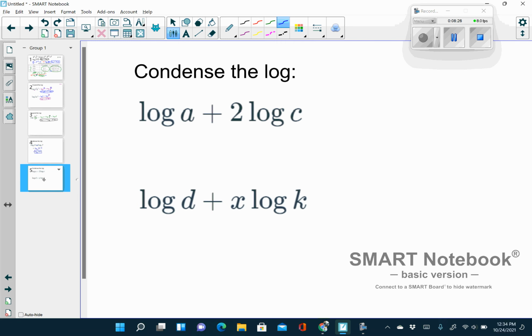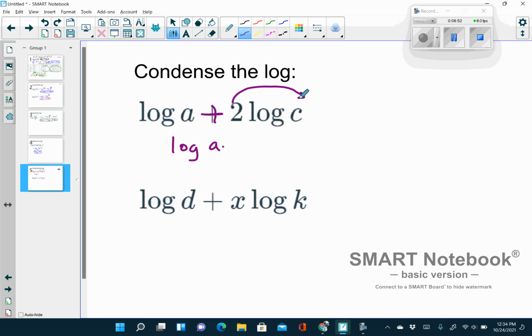All right. Condense the log. So here I have a plus sign again, so that's going to change into multiplication. When I condense, I'm only going to write log once. So it's log of a, addition changes into multiplication, so it's going to be times. This 2 is going to get kicked back as the exponent because now I'm doing the reverse.